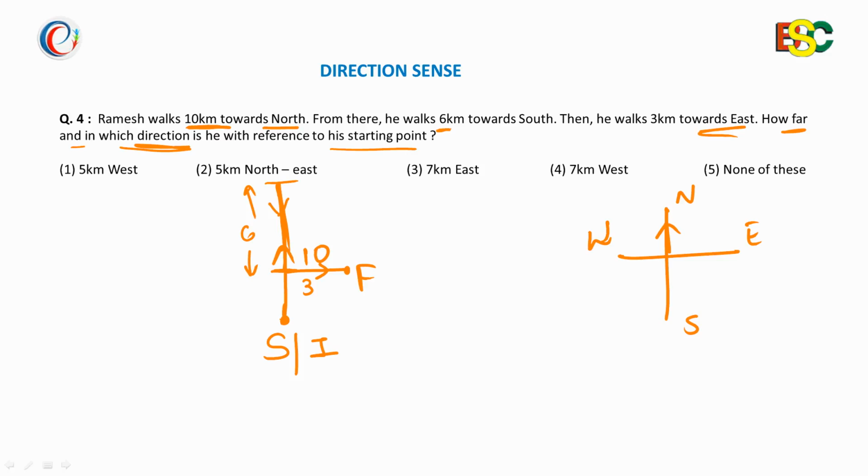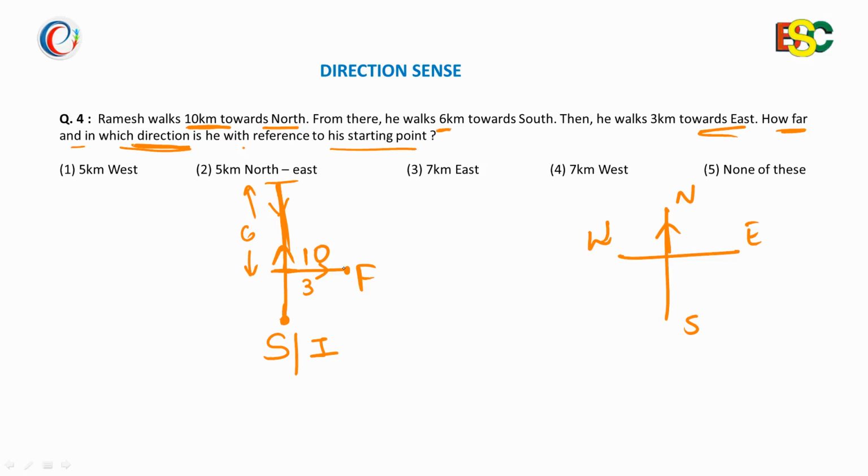Now it is asking how far and in which direction is he with reference to the starting point. See, whenever in such type of question there are two paths he can follow from final till starting.